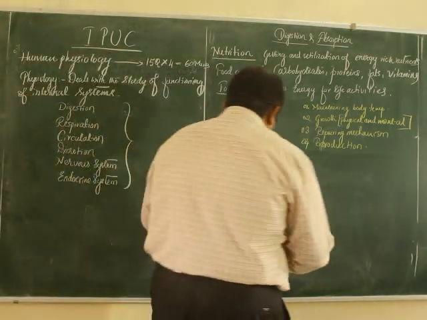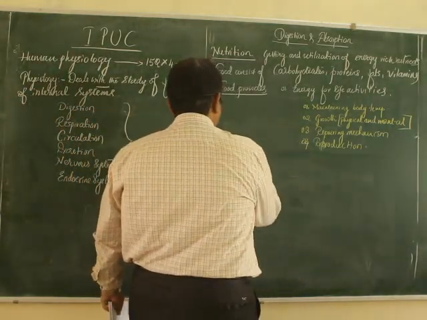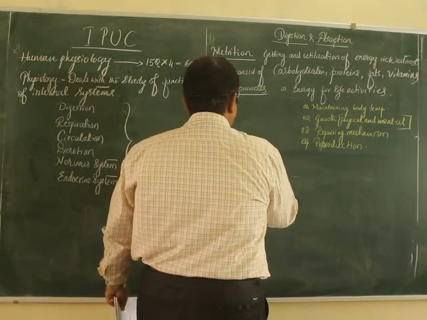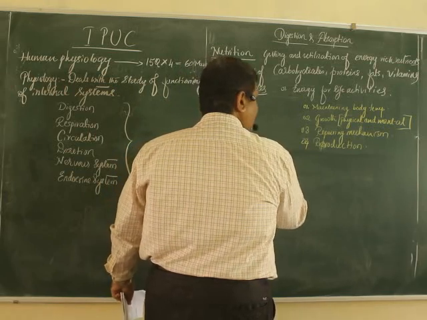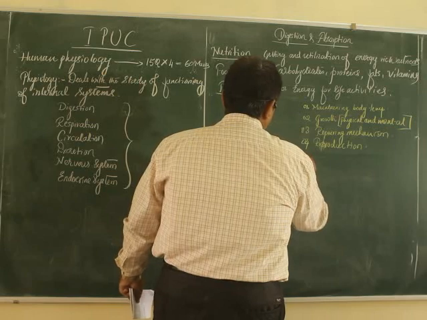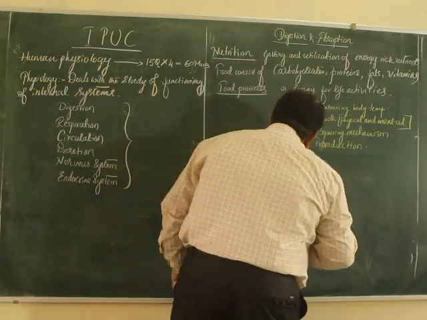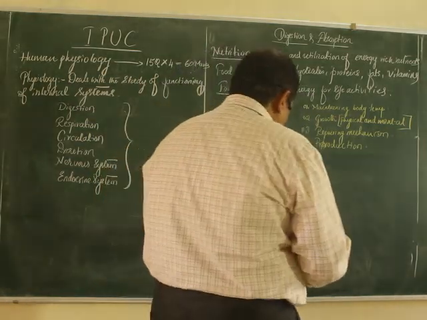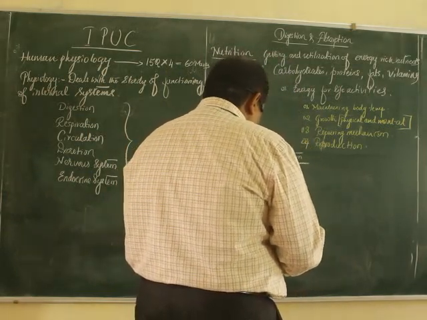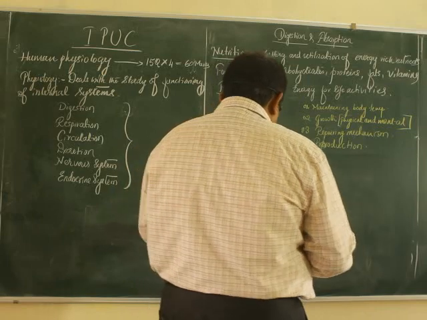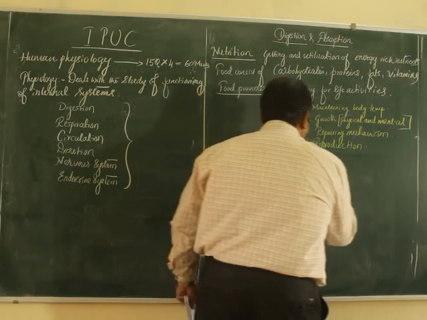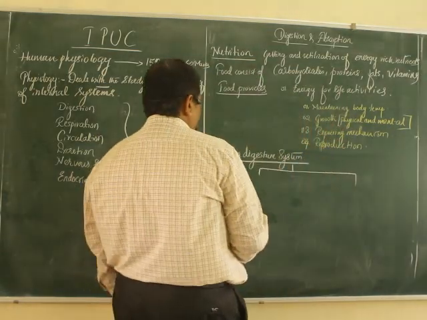Now, the human digestive system. It has the following different parts. One is called the alimentary canal, and it is associated with two parts. You should write as it is.